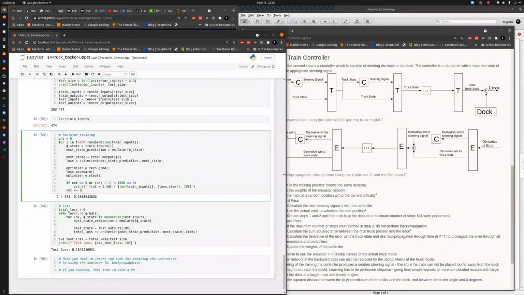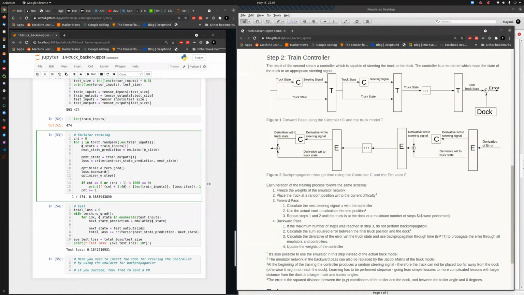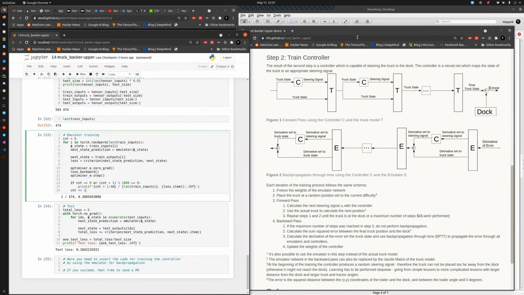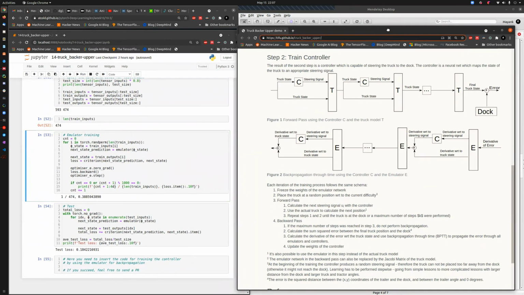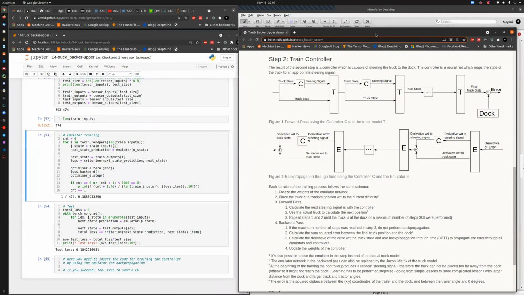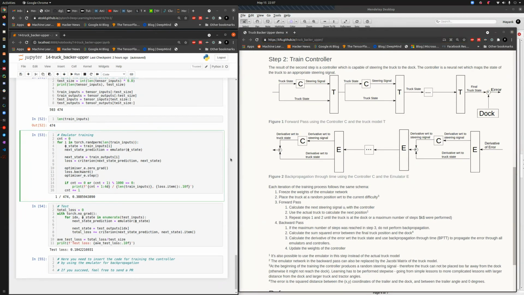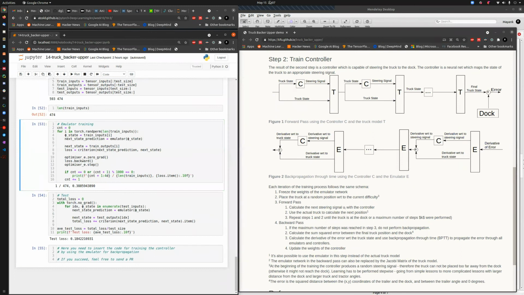It says the weights of the emulator are frozen, right? So, like you said, Srinivas, and I think someone has pointed this out in the chat as well, it just acts as a function. So there is no weight update of the emulator during the controller training.